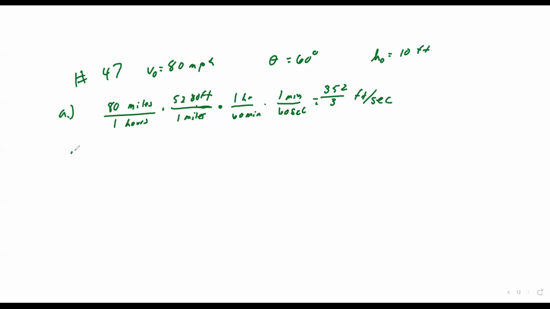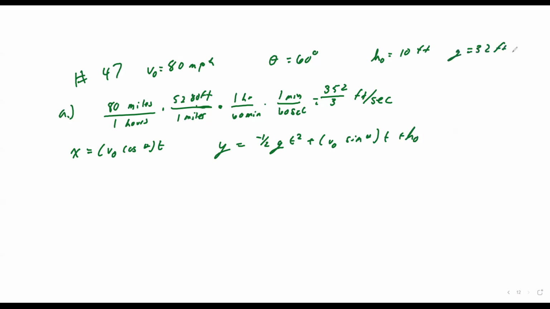We can then go back to our x. So our x is going to be that initial velocity times cosine of theta times t. Y would be the negative 1/2 times gravity, t squared, plus the initial velocity of sine theta times t plus the initial height. And remember, we're going to let gravity be 32 feet.